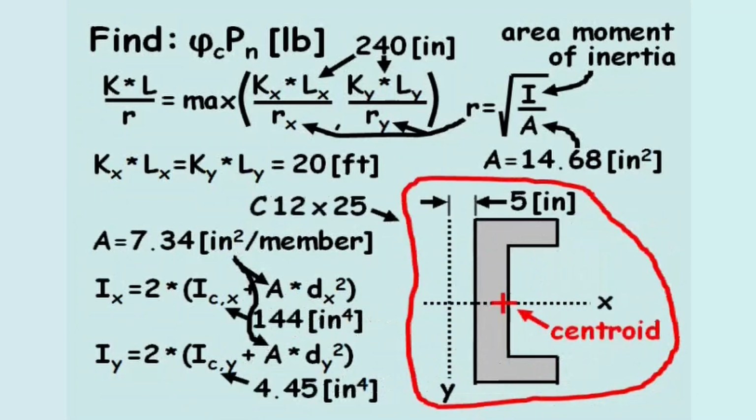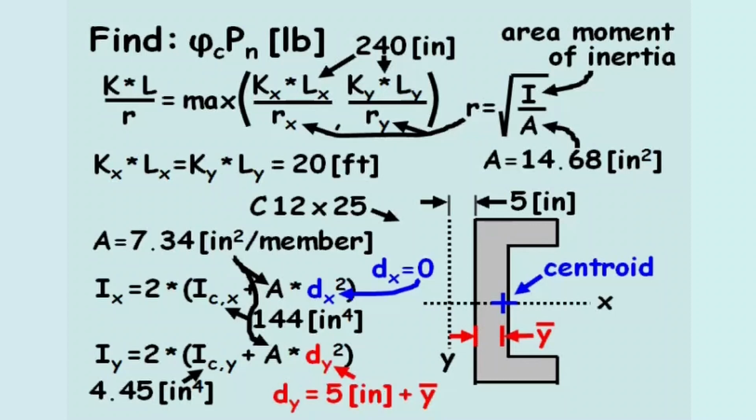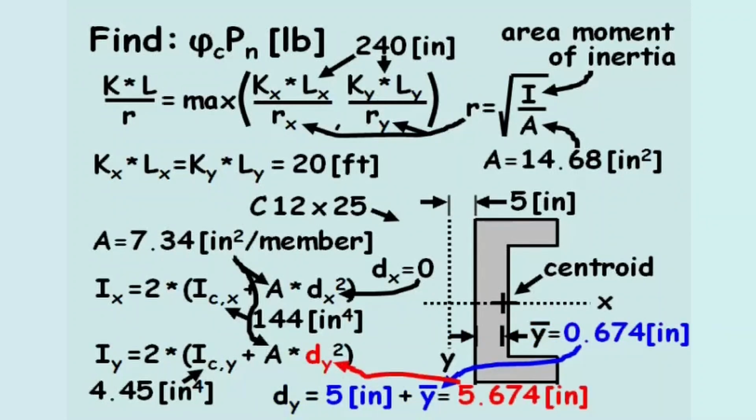Here we notice the centroid of the member lies on the x-axis. Therefore, the distance dx equals 0. To find dy, we'll add 5 inches to the length y bar, which for a C12 by 25 member, y bar equals 0.674 inches, which makes dy equal to 5.674 inches.